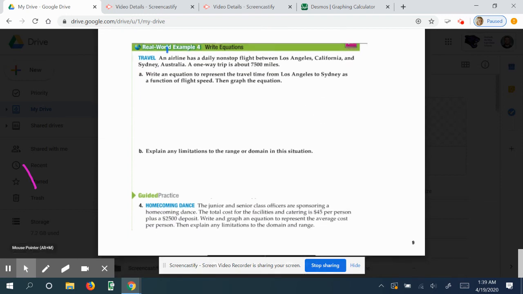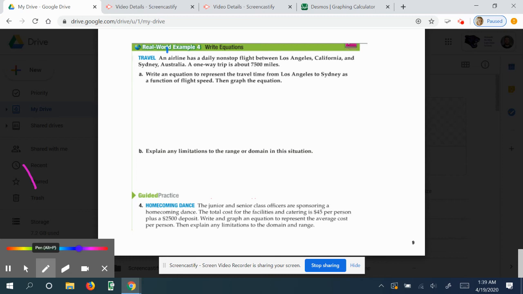All right, so here's a real world problem that we have. It says, an airline has a daily nonstop flight between Los Angeles, California and Sydney, Australia. The one-way trip is about 7,500 miles. Write an equation to represent the travel time from Los Angeles to Sydney as a function of flight speed.